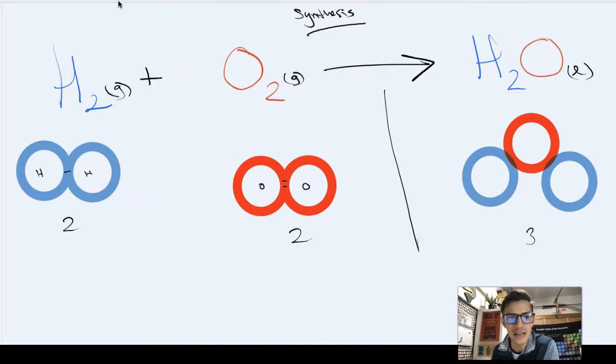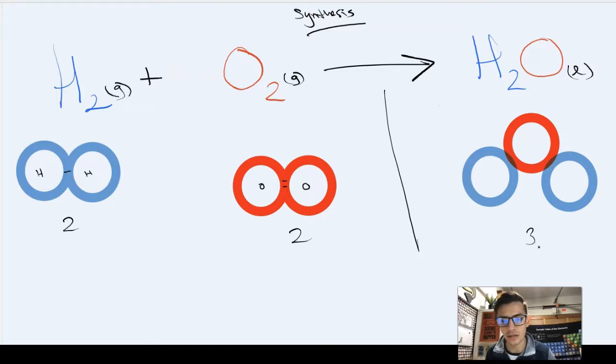So instead, the way that we think about trying to understand equations is that we need to balance them. What that means is I have to have the same amount of stuff on one side as I do on the other side. I have to conserve how much mass I start with and end up with that same amount of mass after the equation has proceeded.